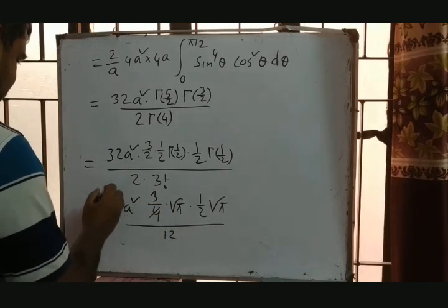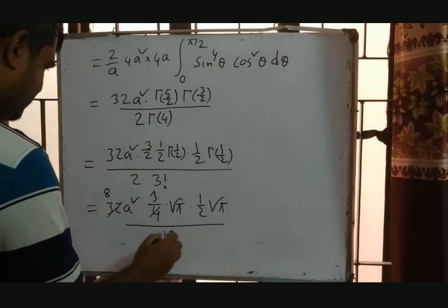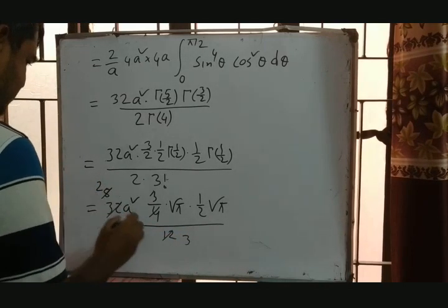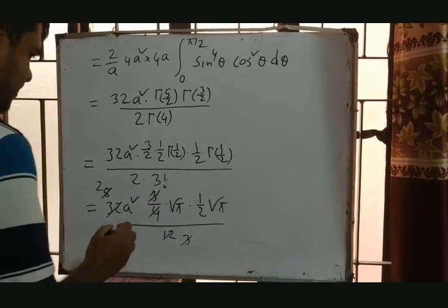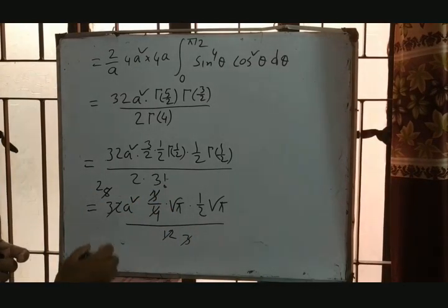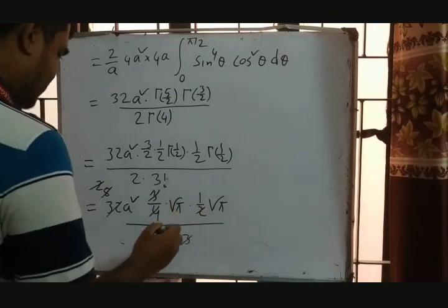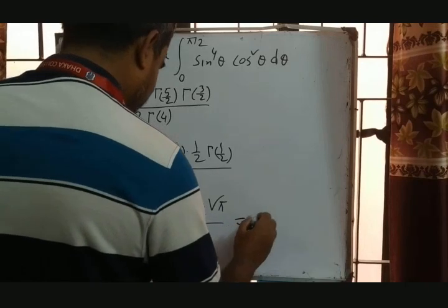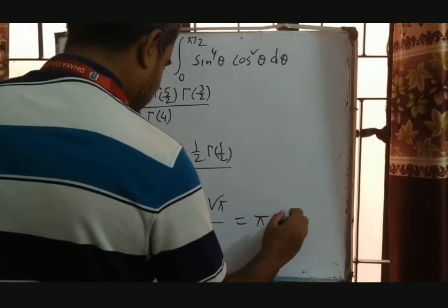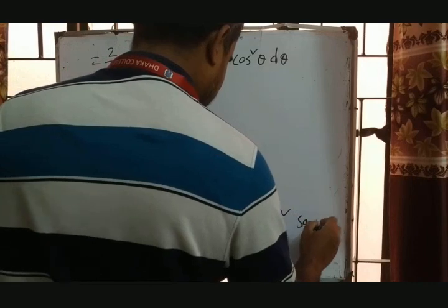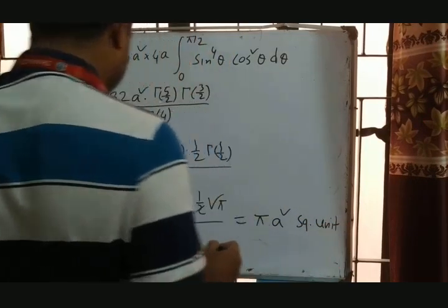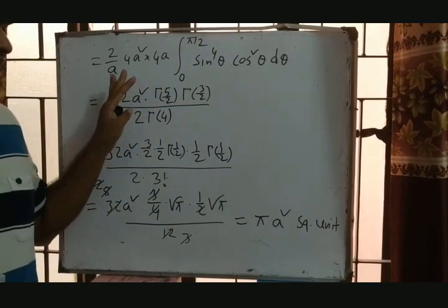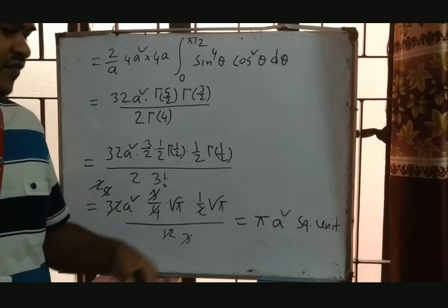Now the 4s, the 3s, and the 2s cancel. So finally we get 3 pi a square by 2. So this is the required result of this problem.